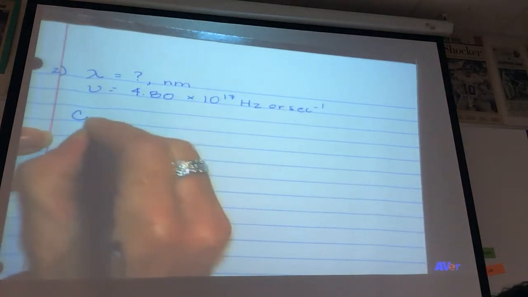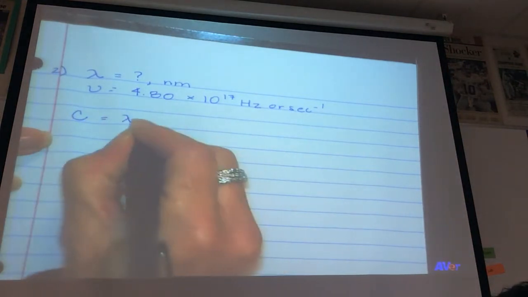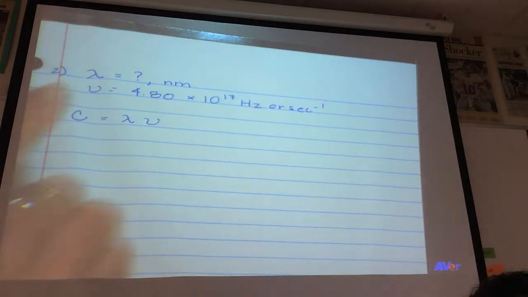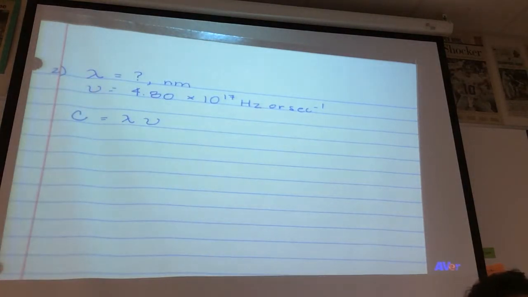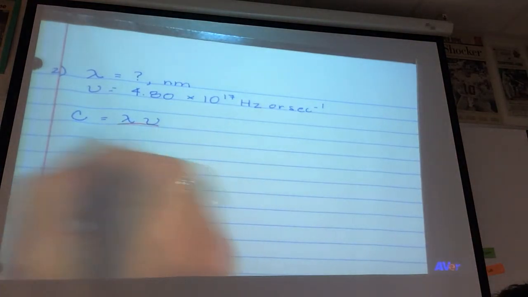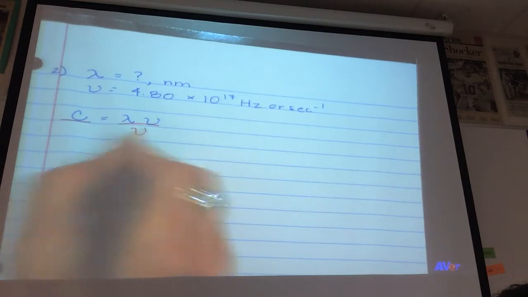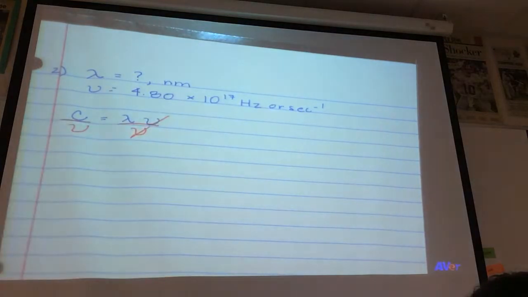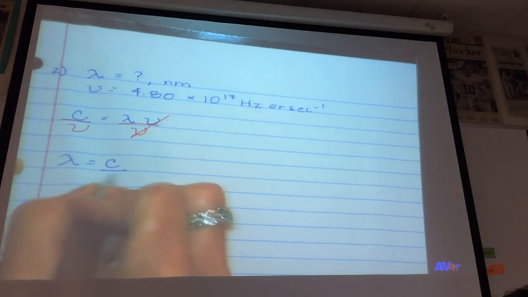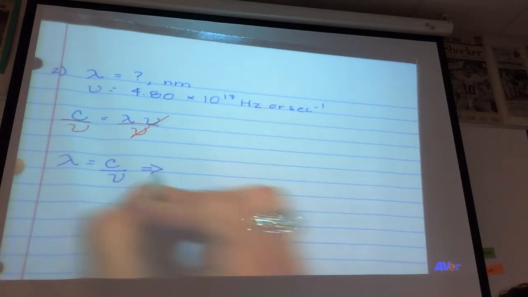Speed of light is equal to the wavelength times the frequency. How do I solve for wavelength? Divide by the frequency. So I have the wavelength is equal to the speed of light over the frequency.